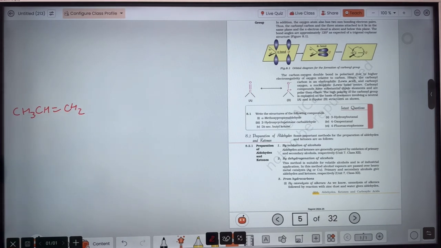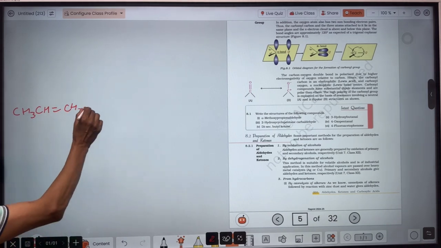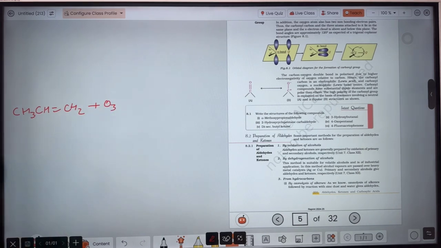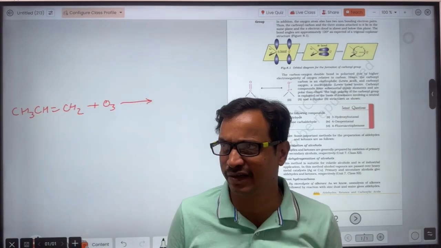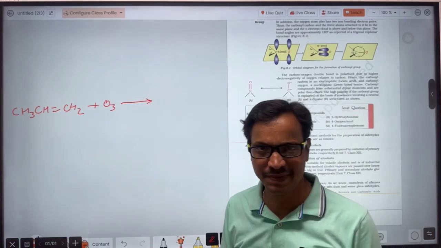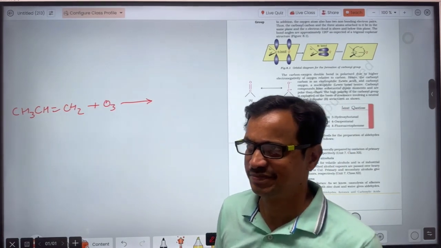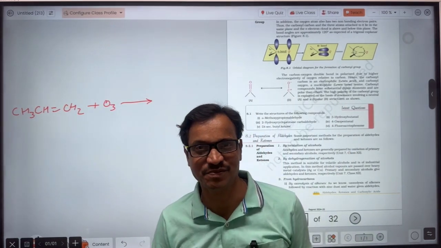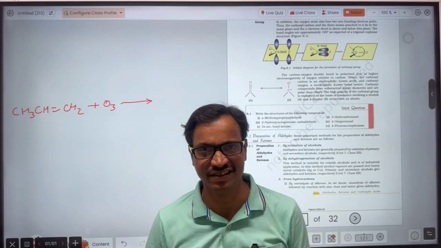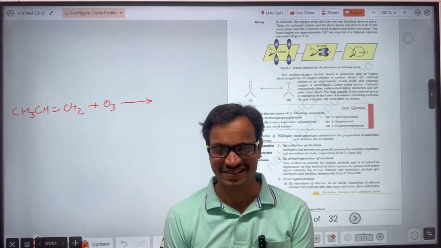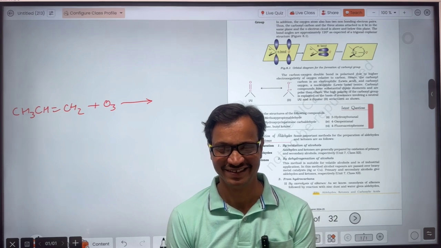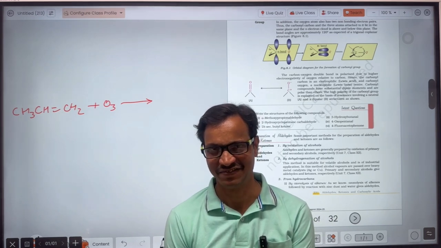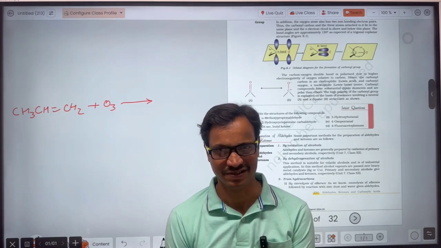This is propene. Propene reacts with ozone. So we will do the same as everywhere. And because this question is very important, frequently asked in all three examinations, that is 12th, JEE Main, NEET, in addition to that, JEE Advanced and CUET examination.